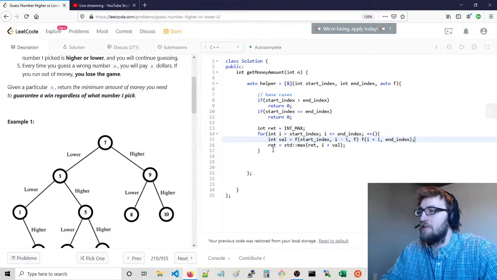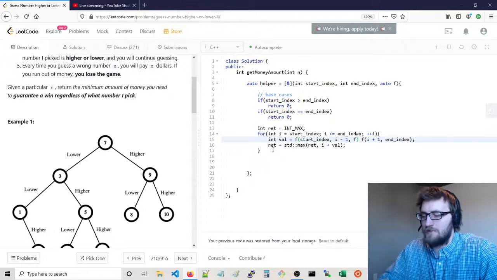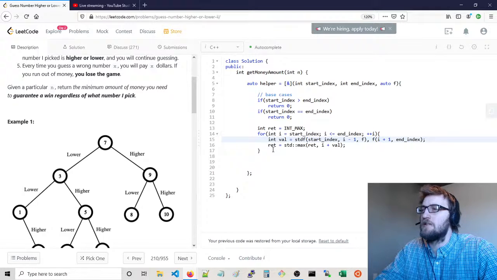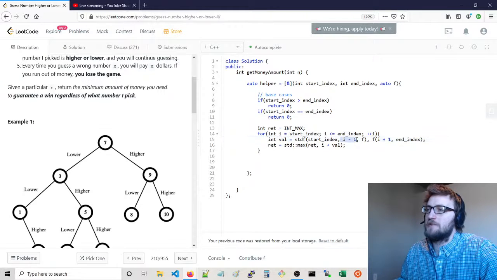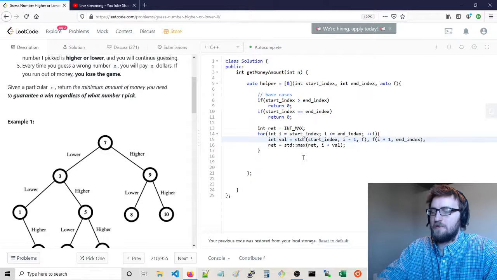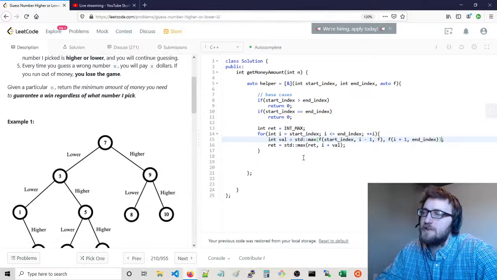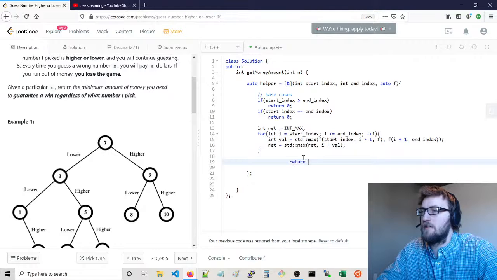We want the larger of the two, right? So we have 0, so we don't need to get too crazy about edge cases where the start index is greater than I minus 1, or I minus 1 is a negative value or something like that. We don't have to worry about that. Taking the larger of these two, then res is going to be I plus the larger of those two, and then return res.